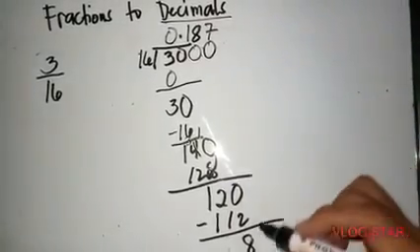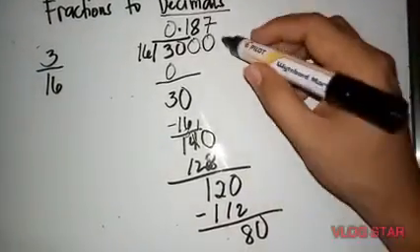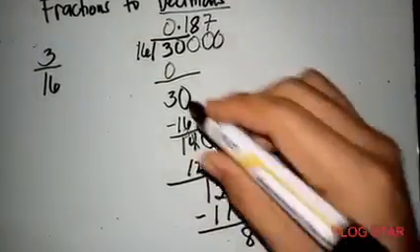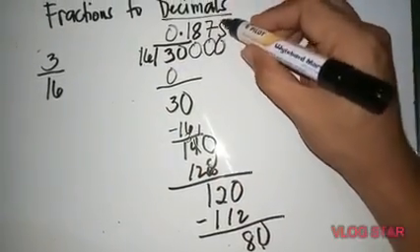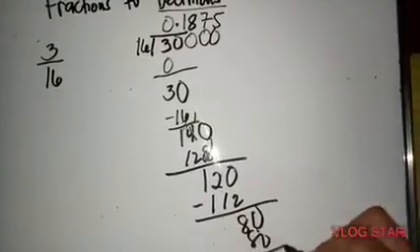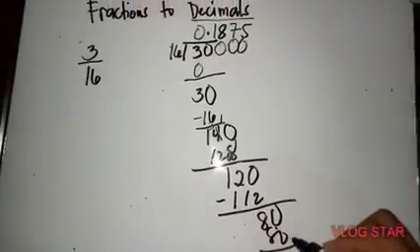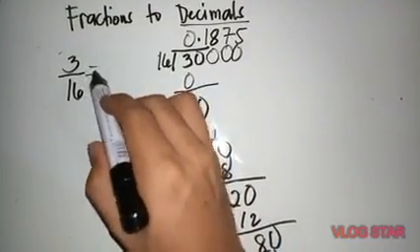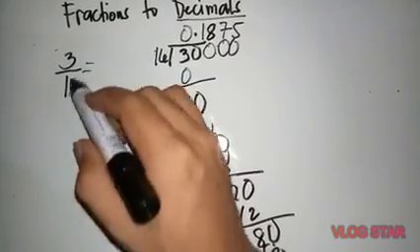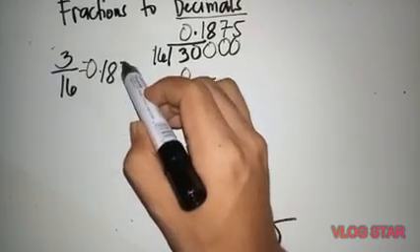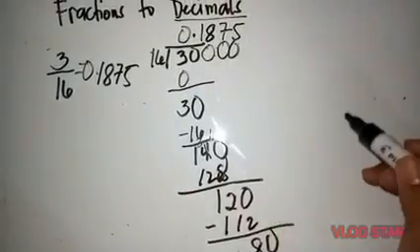Then another 0. So 80 divided by 16, the answer is 5. Then 5 times 16, the answer is 80. So the decimal form of 3/16 is 0.1875.